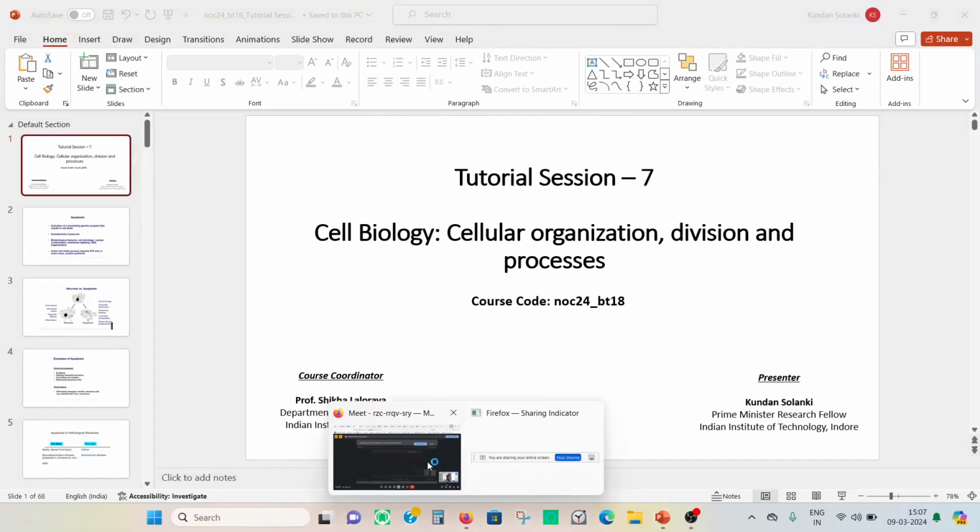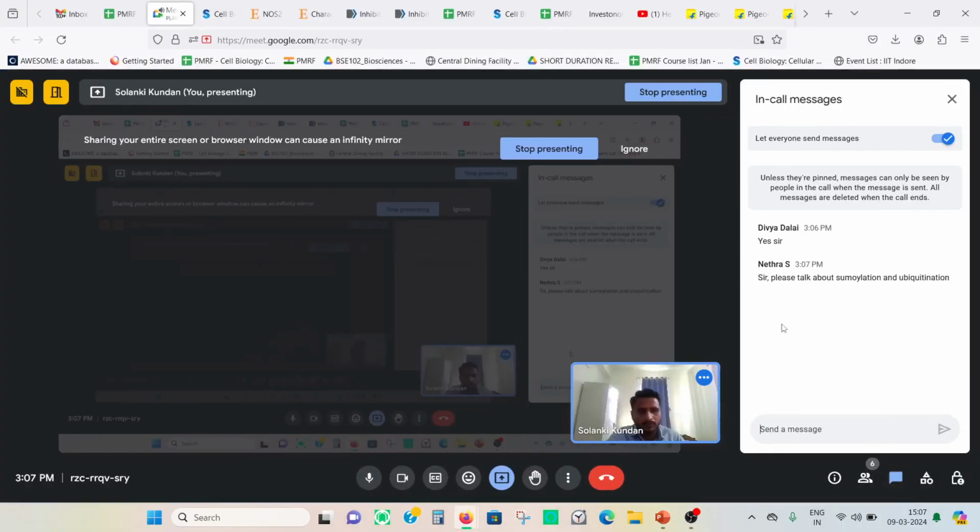Anyone have any doubt in the check? Stimulation and ubiquitination, in respect to what, lysine, sorry, histone modification?